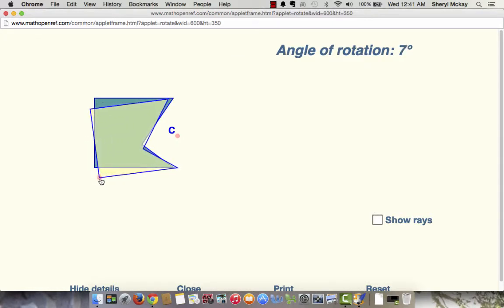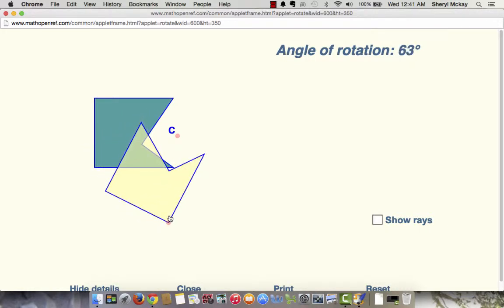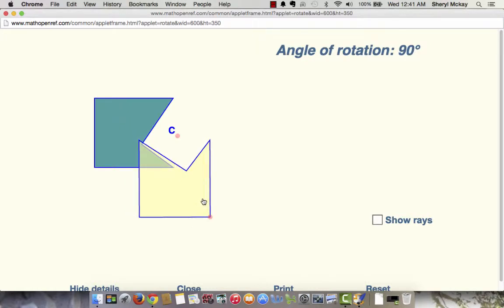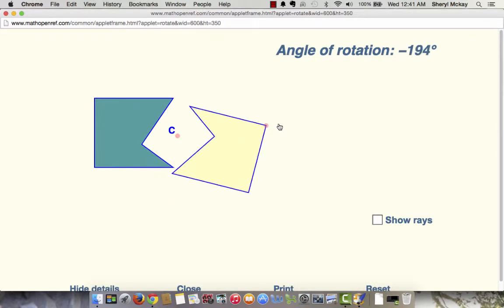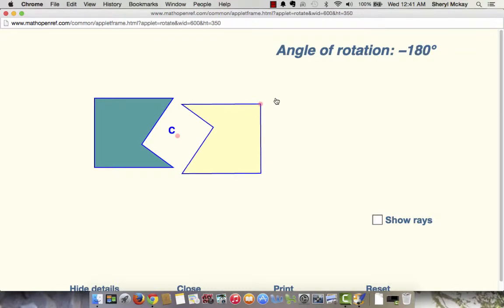Then I can drag this, and you can see as I drag it around this circle, I'm getting to different angles. Notice when I get to 90 degrees that it's making a 90-degree angle here. See that? And then I can continue to drag it. Having a little bit of trouble. Let's see if I can do it this way. Yeah, that's better. Not sure why, that's 180 degrees.